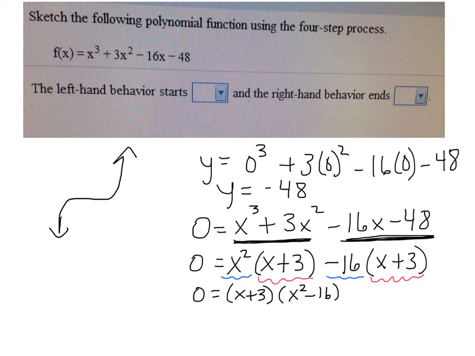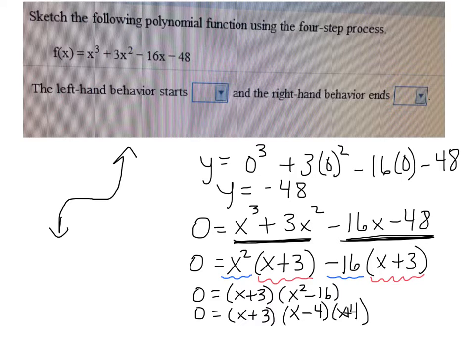So the difference of two squares factors as x minus 4, x plus 4, or vice versa, it doesn't matter. And when you multiply that out, if you did the FOIL method, you would see you don't end up with a middle term there, but that's a special type of factor.